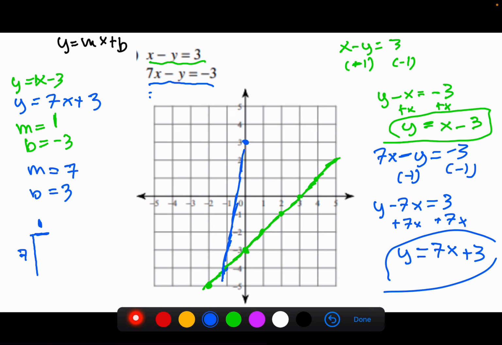This is a rough sketch for the blue graph since I don't have a lot of data points. And we know that at this point over here, which I'm going to do in white, at the point negative 1, negative 4, they intersect. So I can say that the solution is x is equal to negative 1. And thank you guys for watching this video.